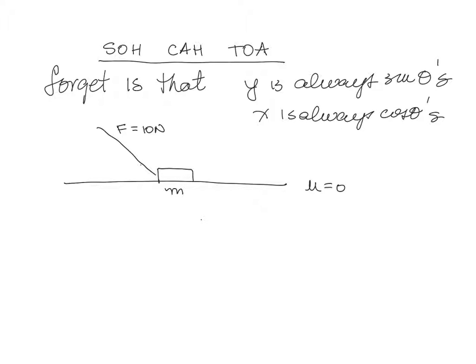We're given that the angle between the force vector and the horizontal is 30 degrees. The problem here is that we're going to try to find the normal force, and we're also going to try to find the acceleration.